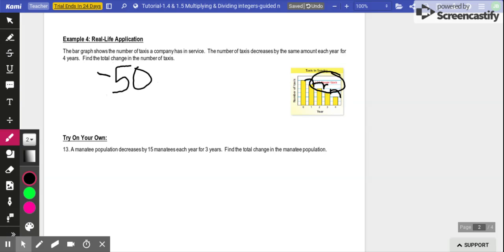This rate has been the same for 4 years. So after 4 years, how many taxis have we decreased by? We would do 50 times 4, which is 200. And we had a negative times a positive, which gives us negative 200. So we have decreased the number of taxis this service had by 200.